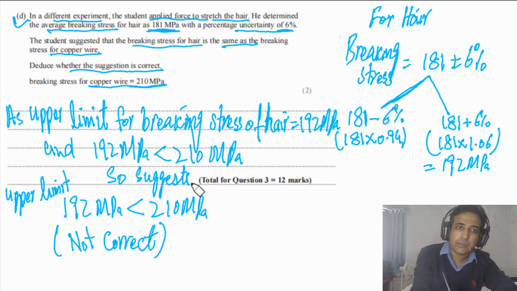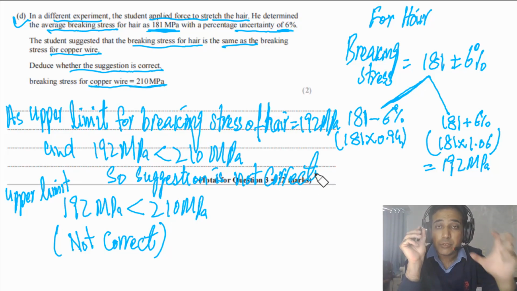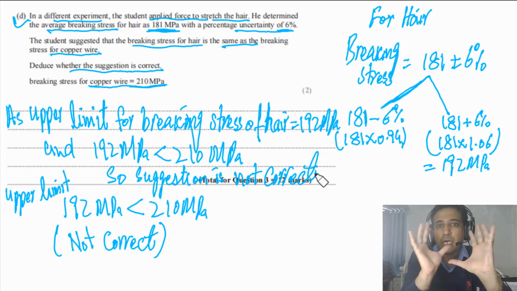This is how you can answer your question, and this concept is typical. You will see it in other papers as well. So you need to understand how to deduce whether the suggestion is correct or not.